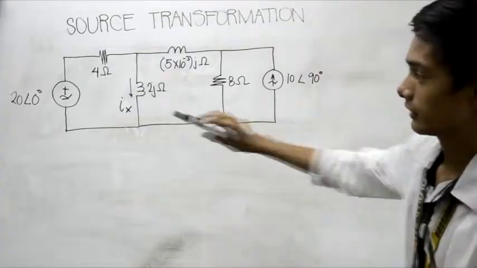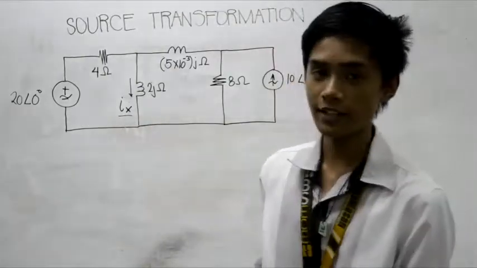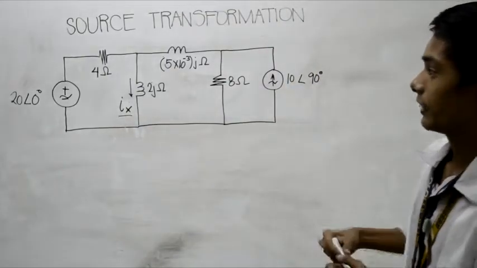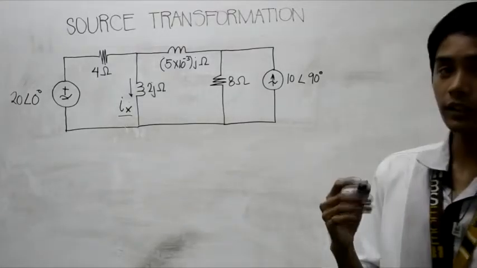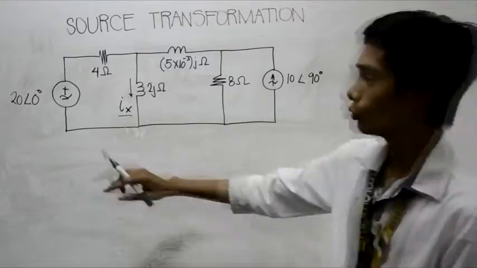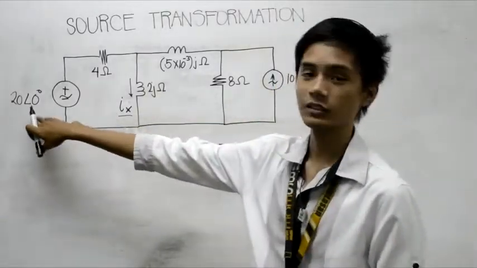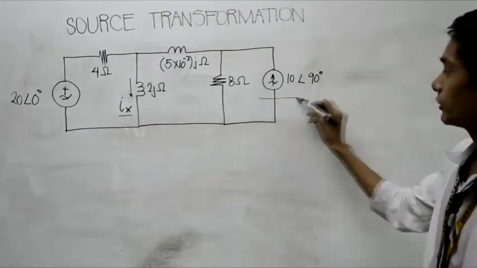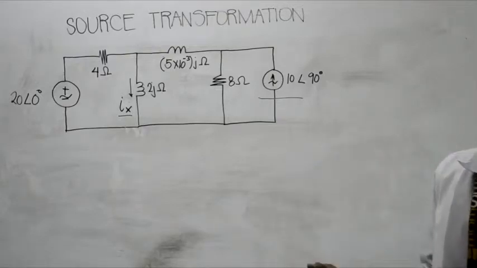We have here a problem in which we are going to solve for the current Ix. Since we can answer this by using mesh analysis, and we have two types of sources, a voltage source and a current source, all we have to do is change this current source into its opposite type, or the voltage source.